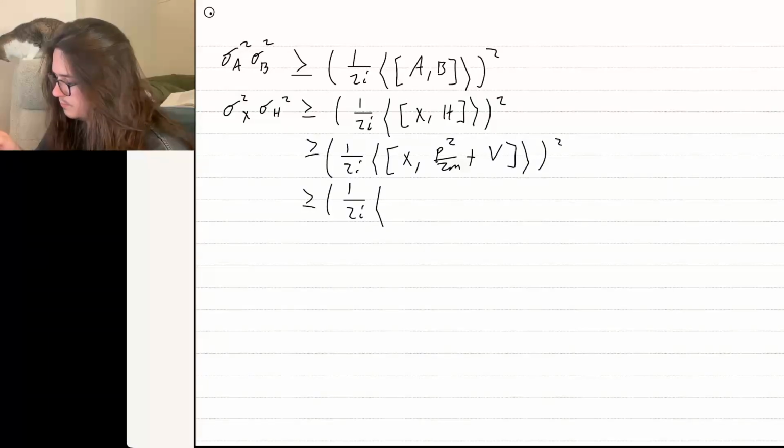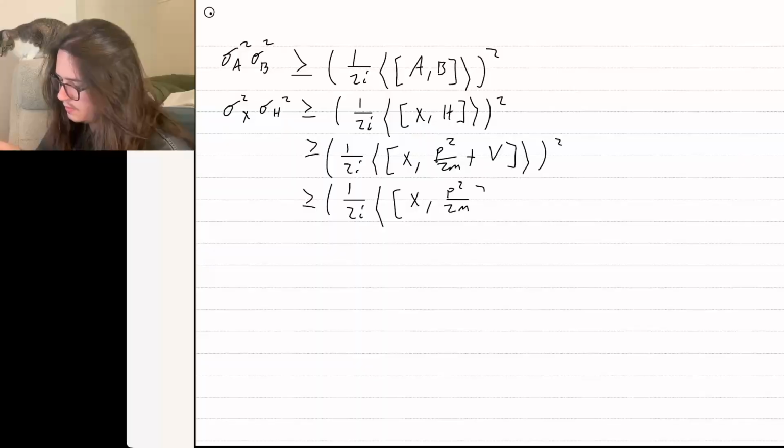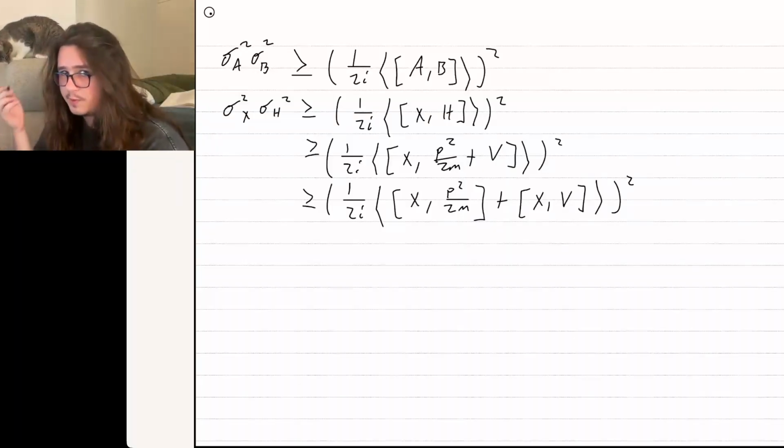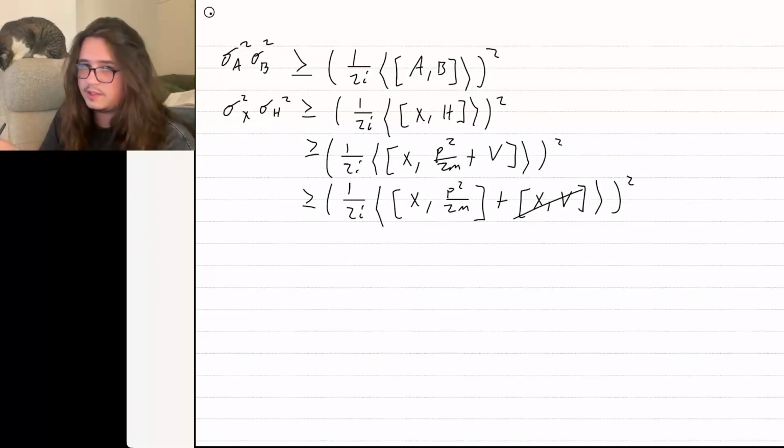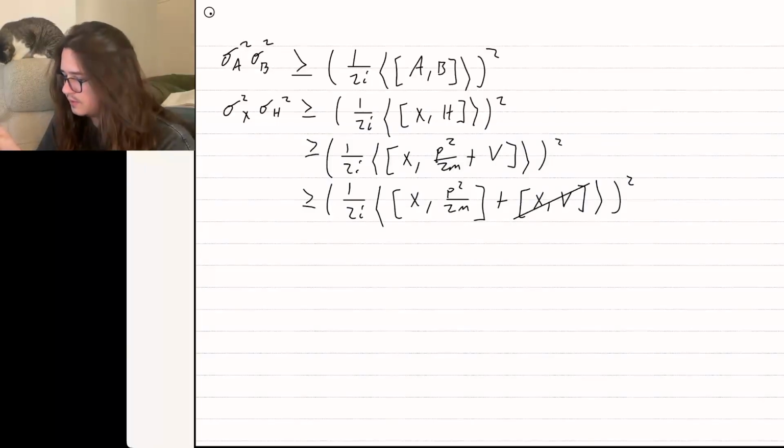First of all, by just splitting it into a commutator of x with p squared over 2m plus a commutator of x with V. Now the potential is usually just a scalar function of position, and so it commutes with position anyway, so we can cancel that guy out.